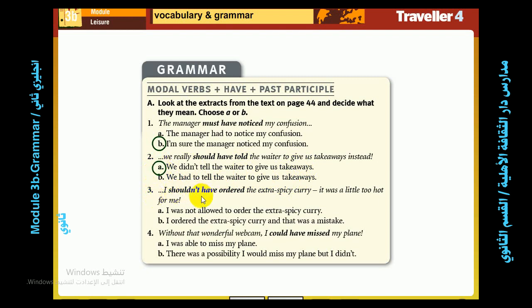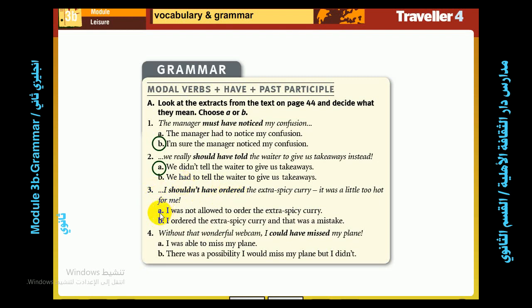Number 3. I shouldn't have ordered the extra spicy curry. It was a little too hot for me. So actually we ordered this meal, but it was foolish of us to do this. It was something stupid. So we are regretting doing this action, and we shouldn't have done it.